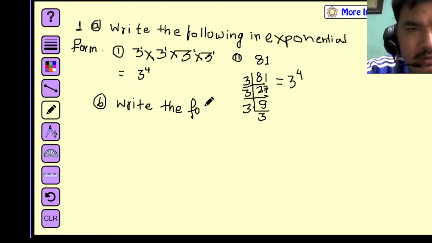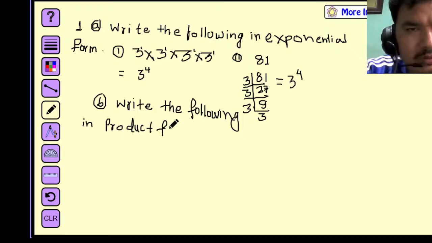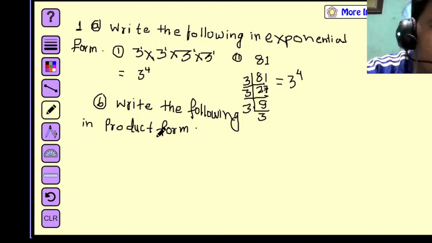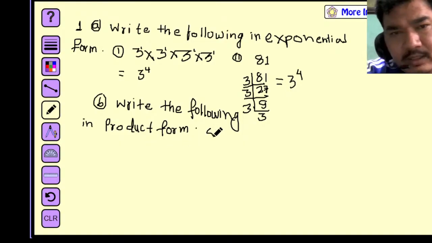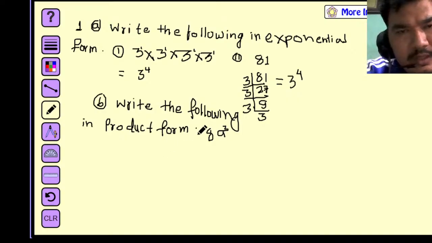Suppose a question like this is given: 8a cube. This is the first question of this type.